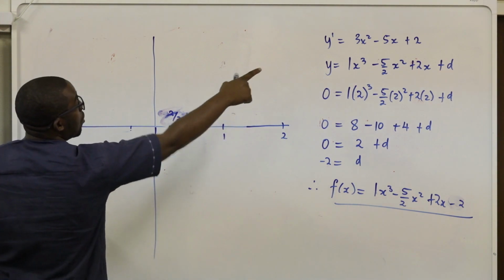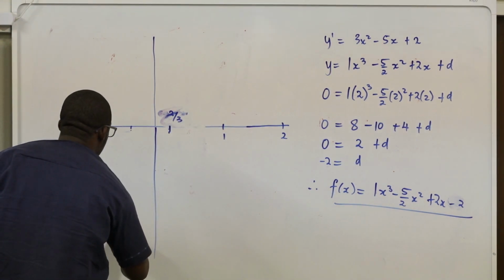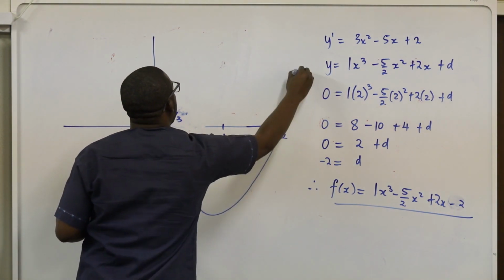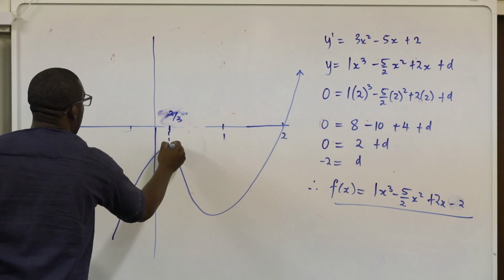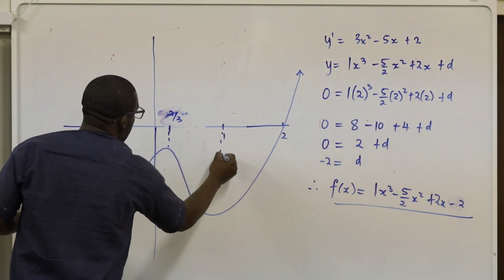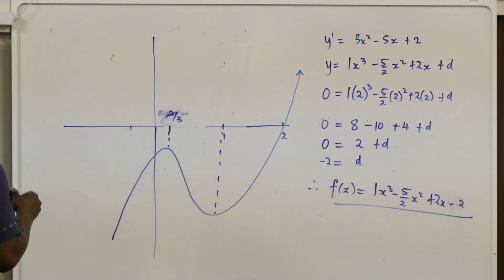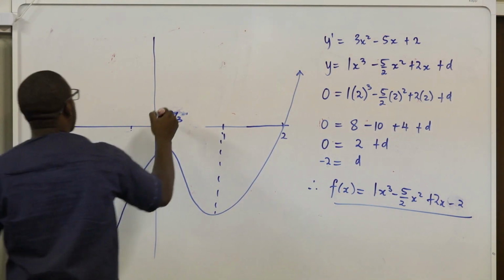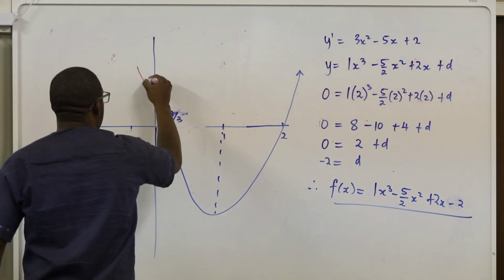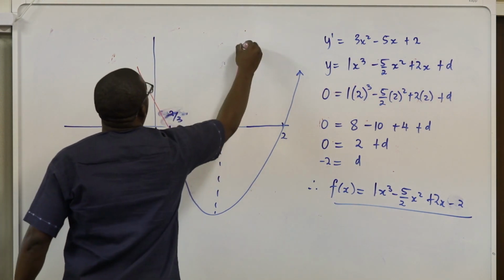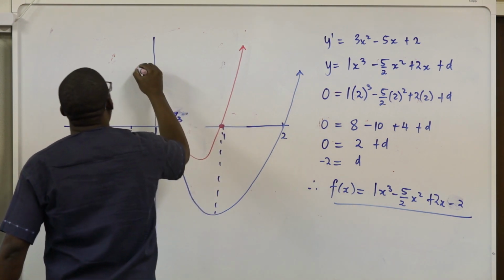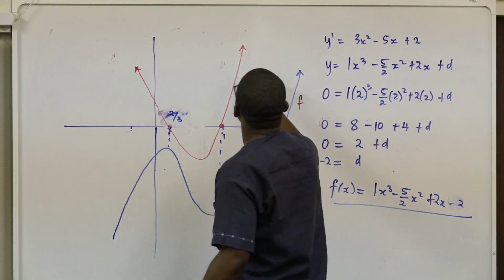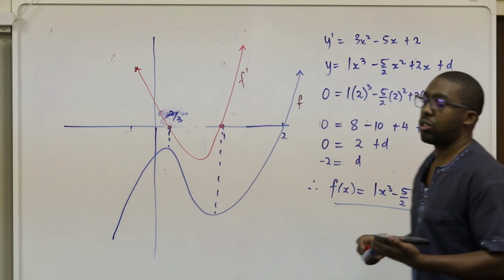Then its y-intercept was at positive 2, so it turns there and continues. This is at 2/3. This turning point is happening at 1. This is the cubic function. The parabola is just going to smile across this. So I've superimposed those two. This is f, and this is f prime on top of each other.